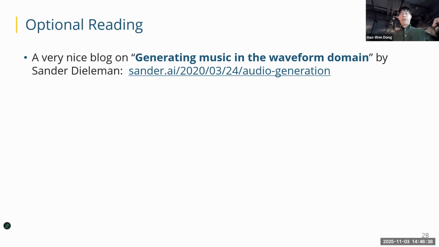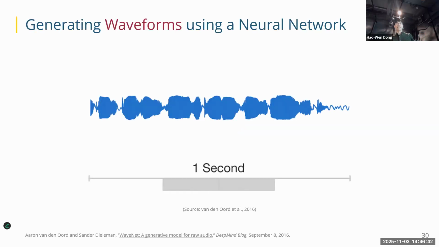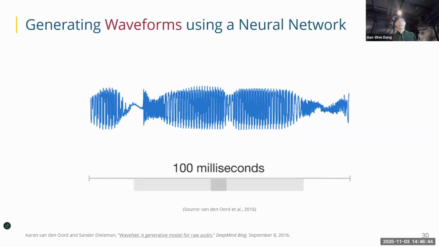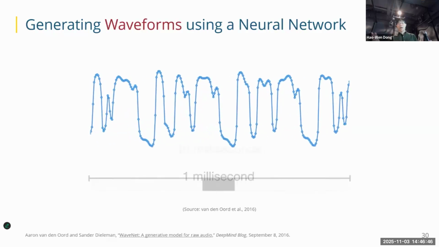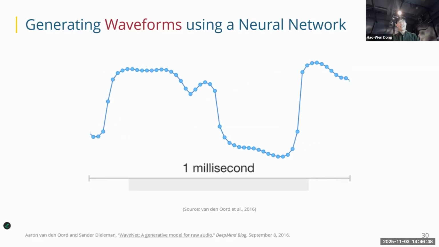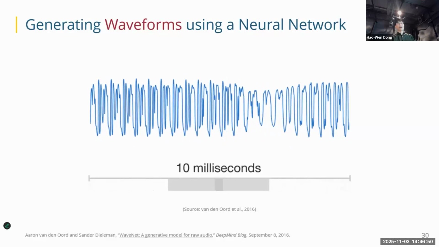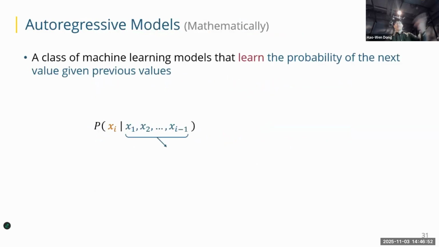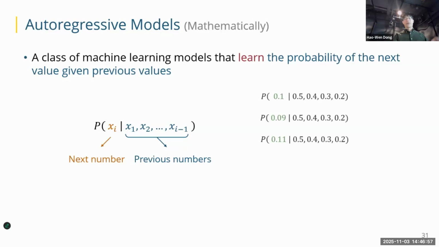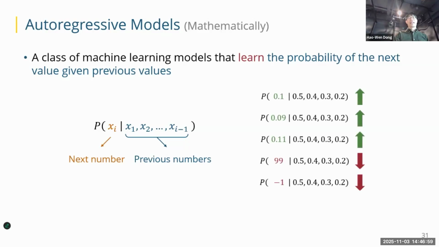Cool. 3 minutes left. But we talked about the idea of generating waveforms using a neural network. It sounds crazy, but somehow it works to some extent. The idea is basically, given all the previous numbers, guess what the next number would be. Deep learning is powerful, so it can actually do that.